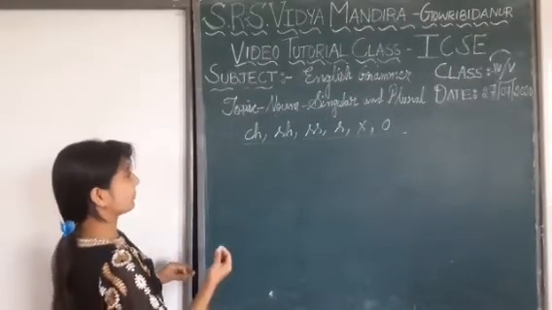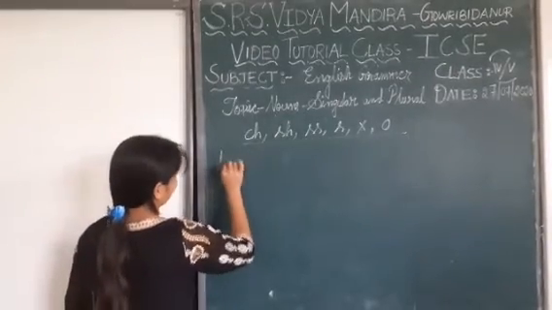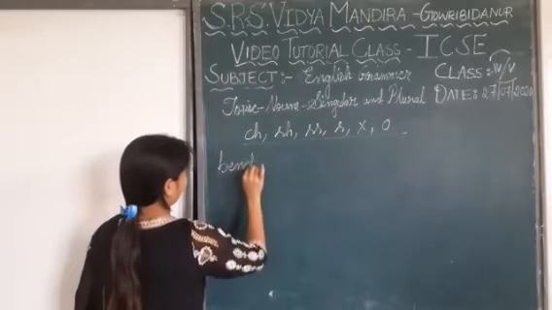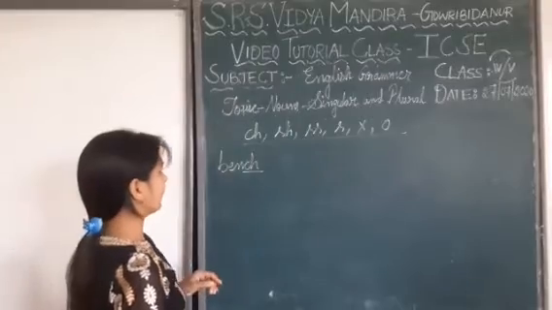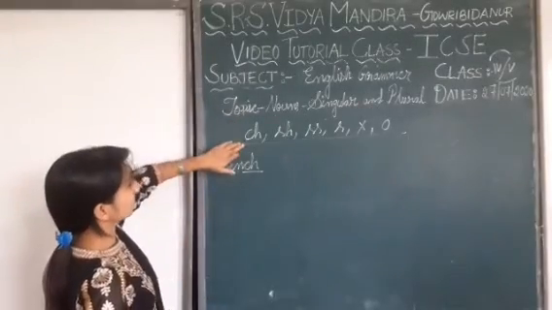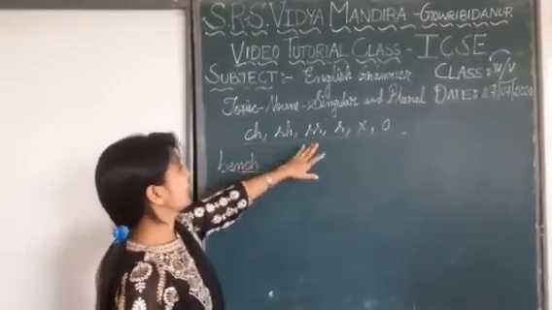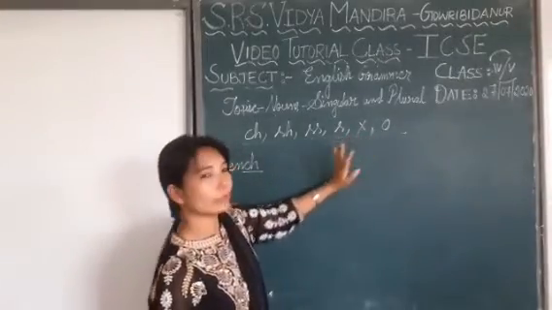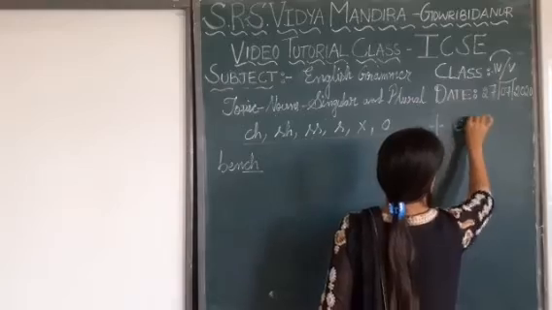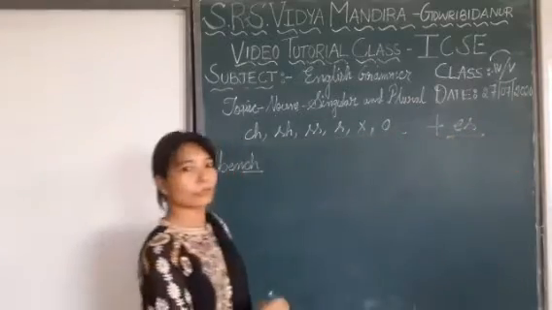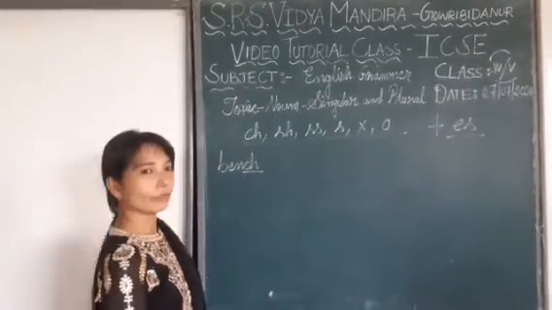Let me explain. For example, the word bench. It is ending with ch. When the words end with ch, sh, ss, s, x or o, then we have to add es to change the singular into the plural form of the noun.